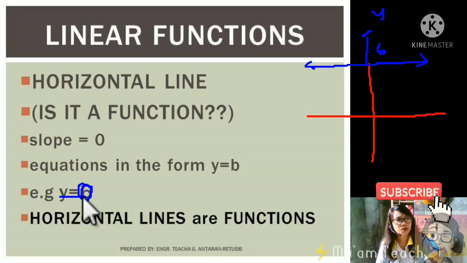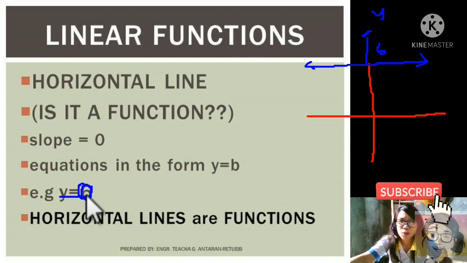In this kind of equation, can it be considered as a linear function? Okay. If you could observe, we have an output, or this value of y, which is 6, right?